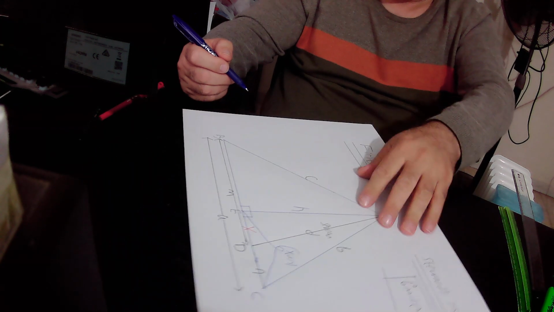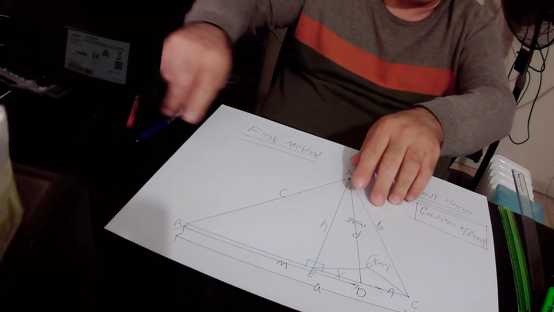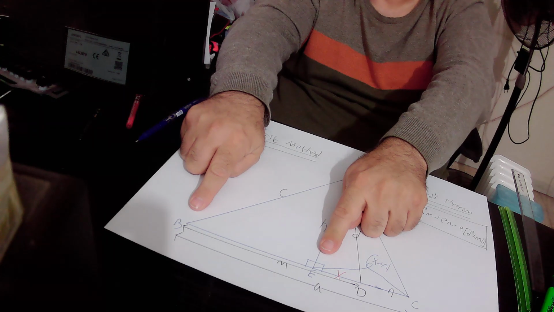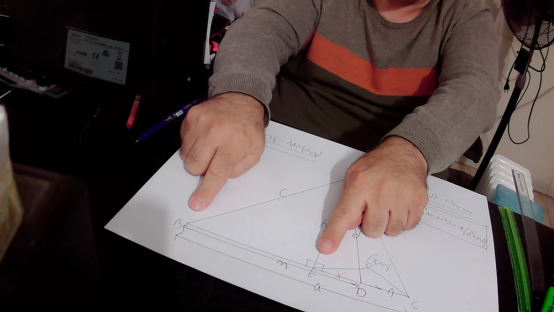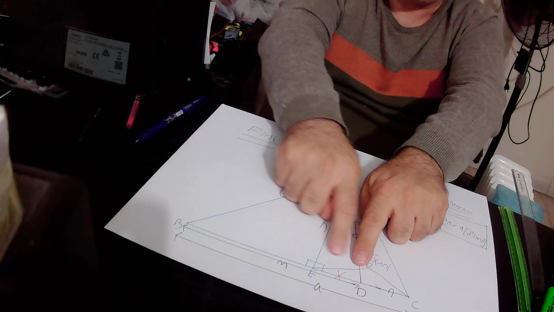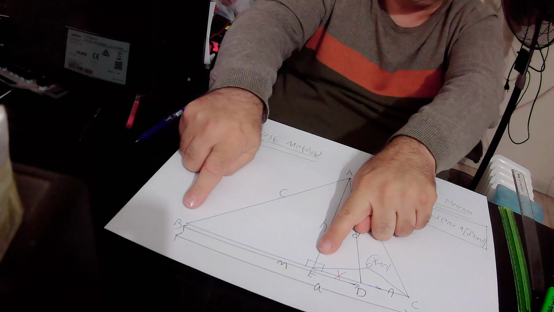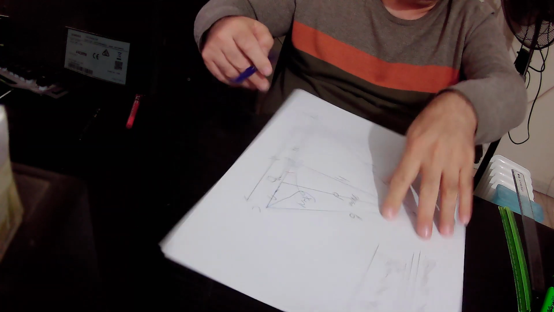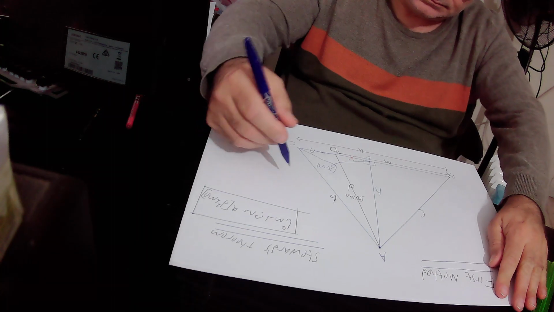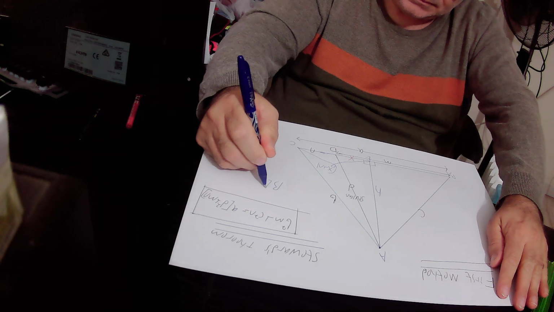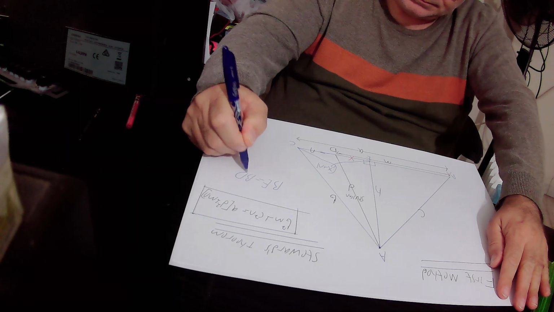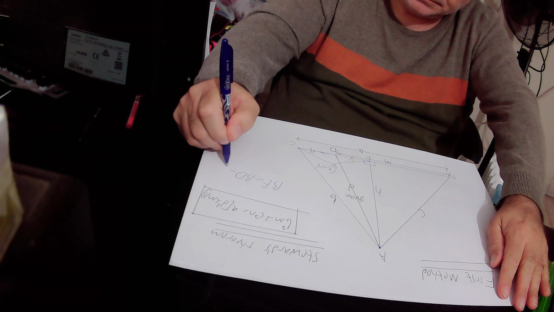And what is the length of this line segment BE? From the drawing it is very easy to see that BE equals BD minus ED. I write it down. BE equals BD minus ED.